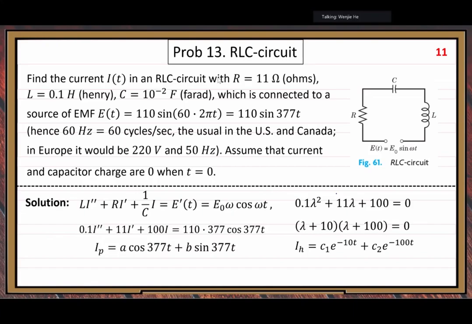Next, we need to write IP in the form A, with A constant, B constant to be determined.